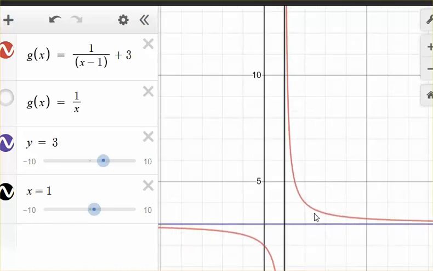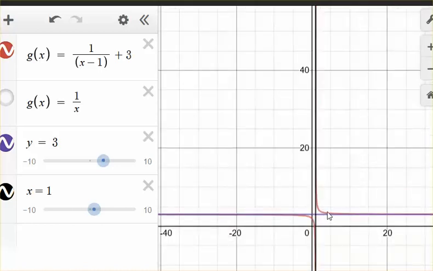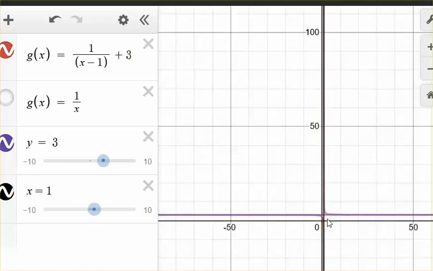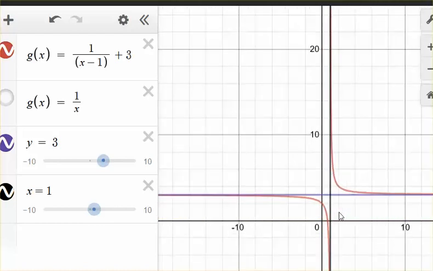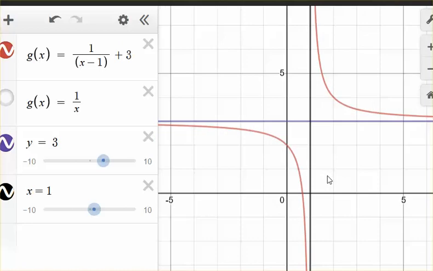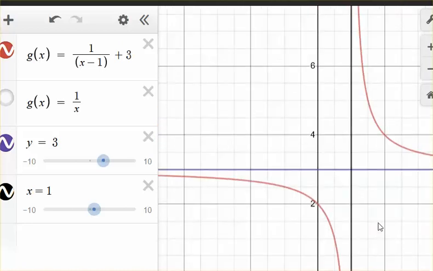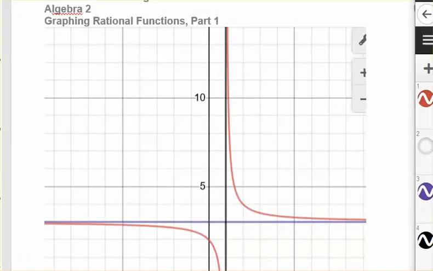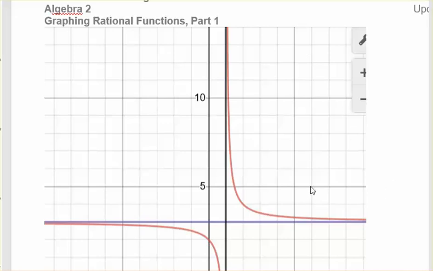Or if you were so zoomed out that you can't tell what's happening, something like this, that's also not a good graph. So make sure that we can see both branches of your graph when you attach it, and you can tell what's happening. It should be close enough that you can see where the asymptotes are. Things like, are there any y-intercepts? You should be able to tell that from the graph or the link that you attach, so it should be set up correctly.